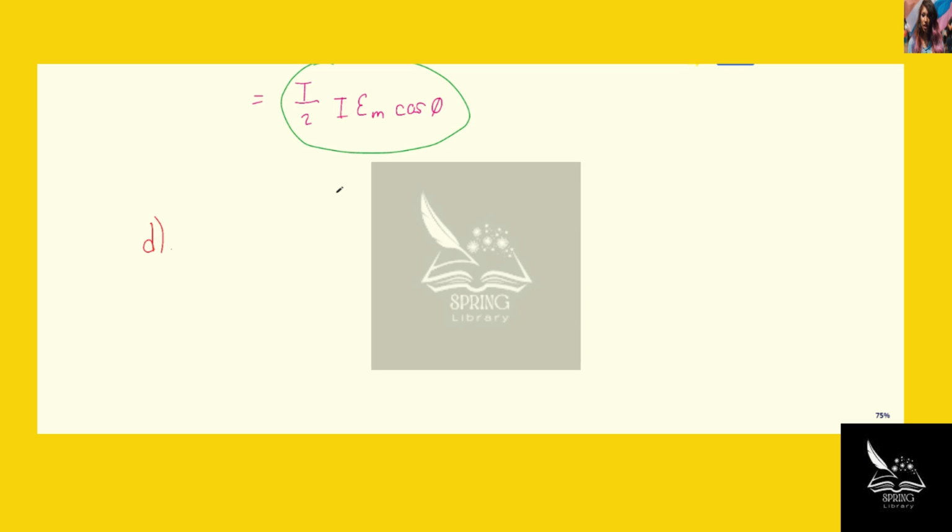Now for part D, over one cycle, the energy dissipated in the resistor, U_R, is the integral over the period of the power through the resistor, P_R dt.